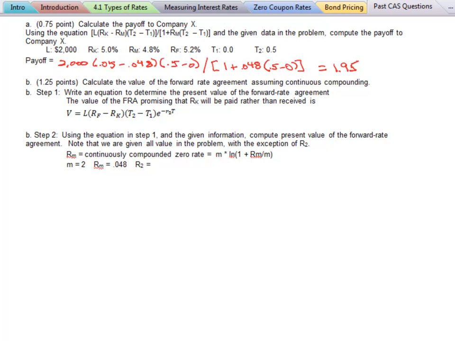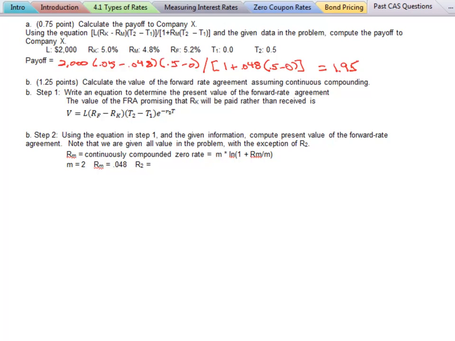Using the equation in Step 1 and the given information, compute the present value of the FRA. Note that we're given all the values in the problem with the exception of R sub 2. In general, R sub c is equal to the continuously compounded zero rate, and that is equal to m times the ln of 1 plus R sub m divided by m.